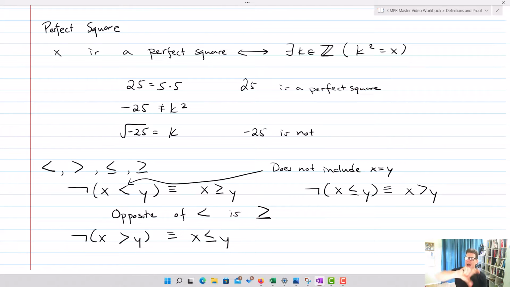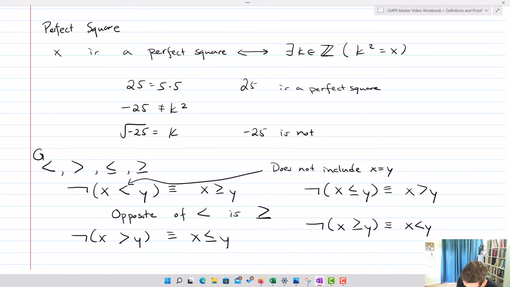So we go from having the equality part to not having it, to having it be a strict inequality. And the negation of x is greater than or equal to y is going to end up being x is less than y.